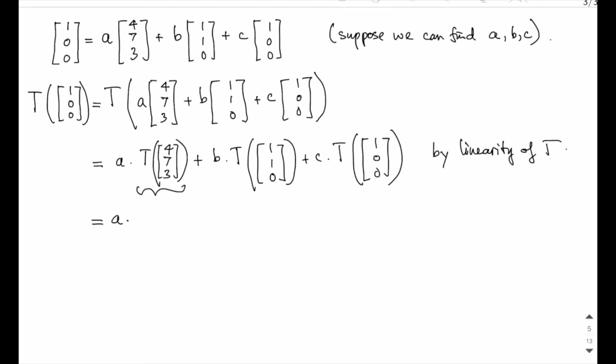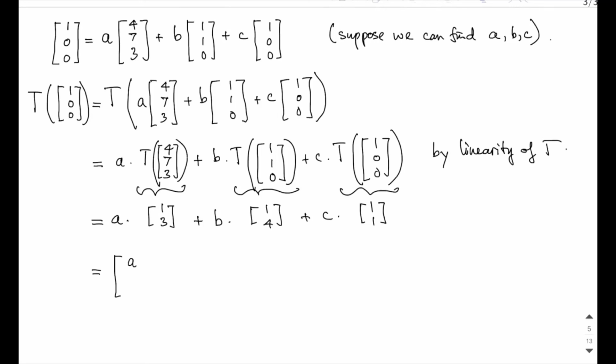What is T of this one? It was given to be 1, 3, plus B times T of 1, 1, 0. It was given to be 1, 4. And then plus C times T of this one, 1, 1. Then this is going to be like A times 1 plus B times 1 plus C times 1. And then below you have A times 3, B times 4, C times 1.